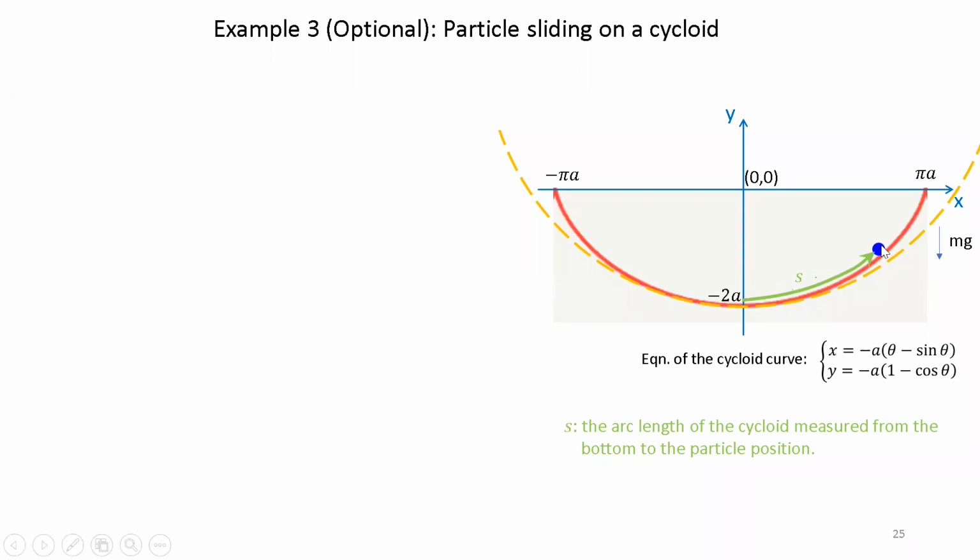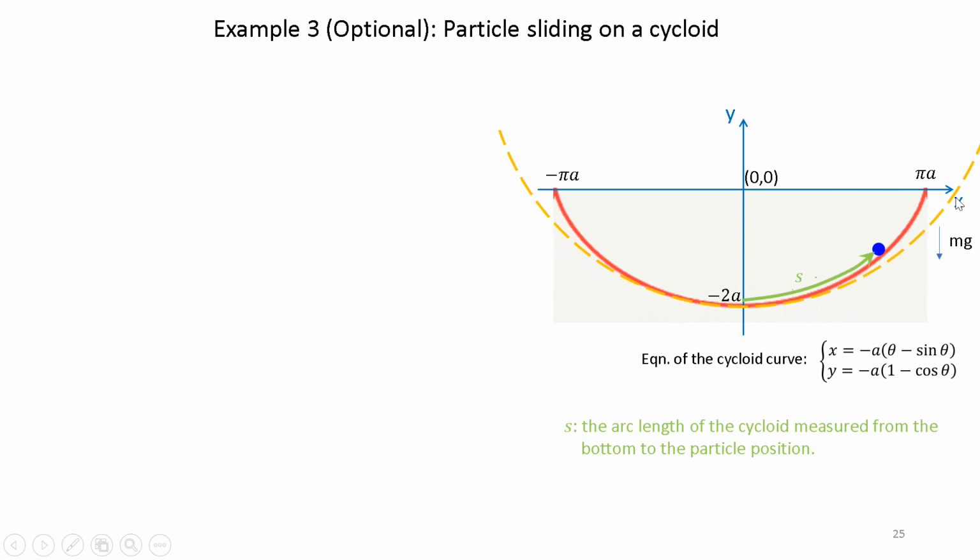However, if it were really a pendulum problem, this would be a circular arc, which I draw as this dashed line here. If it is a circular arc, it will look more like this.